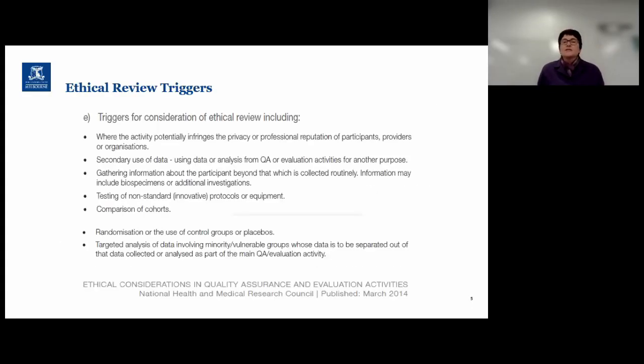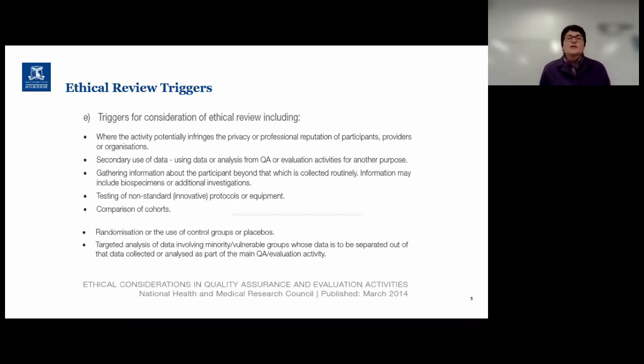There are several triggers which move your activity from being a quality assurance activity that you're conducting within your health service to being more broadly research, or to being an activity that really needs ethical review. And there's two levels of ethical review. There's the governance review within your organisation, and then there's full ethical review where your application goes to a human research ethics committee. And in this case, we're talking really about the governance review.